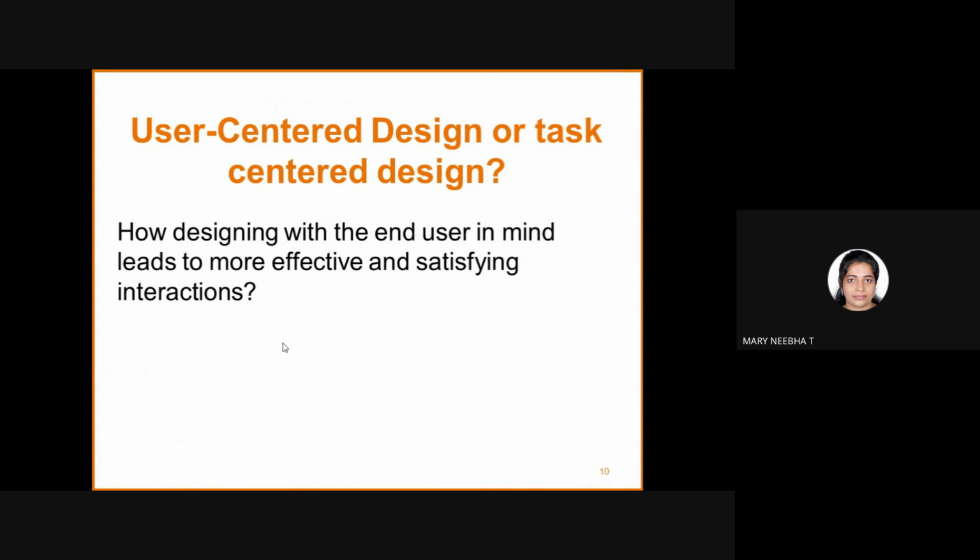HCI is constantly evolving with new interaction paradigms such as virtual reality, artificial intelligence, and gesture-based interfaces. We are clear that HCI principles are applied in everyday technologies, and we have to think about how future innovations might shape the way we interact with machines.